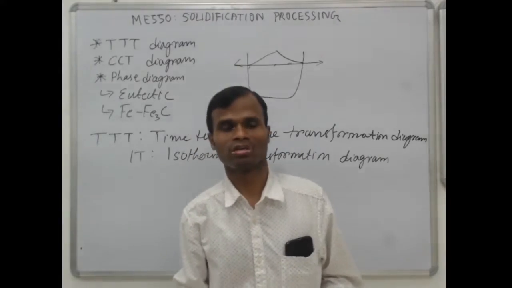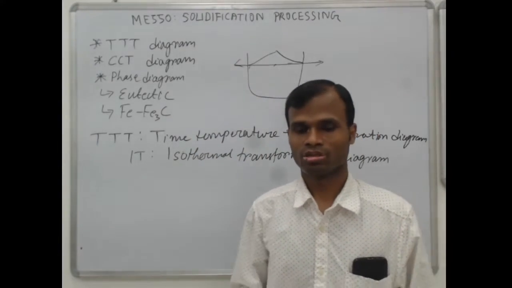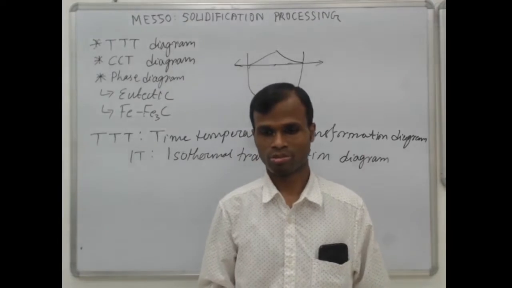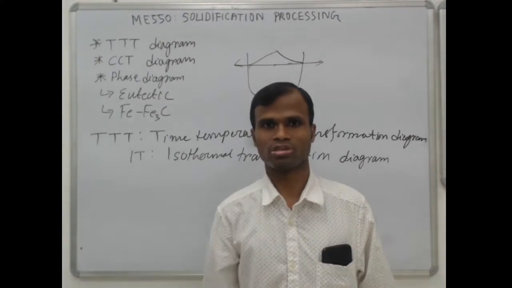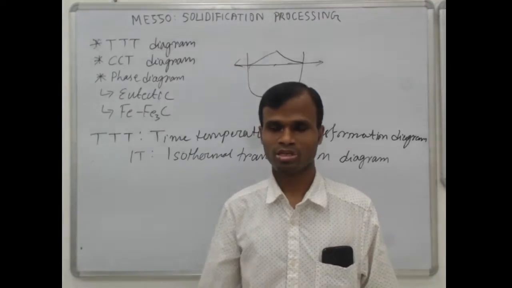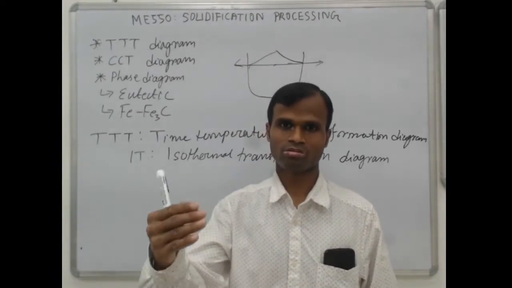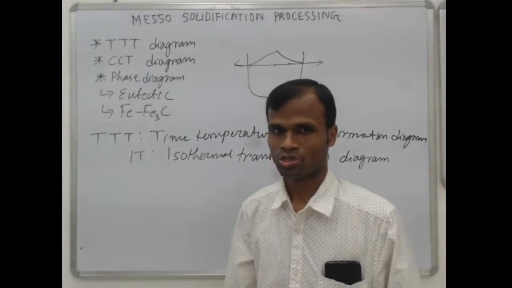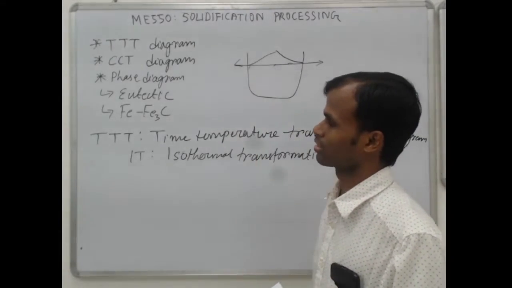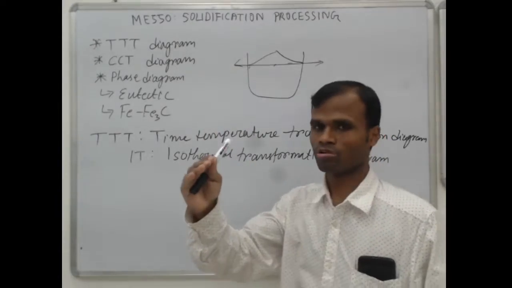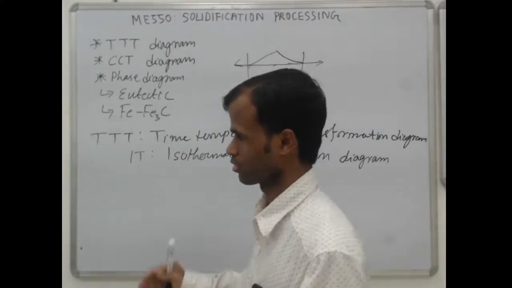So isothermal transformation is never possible, because while cooling it is very difficult to control temperature, to control uniform temperature and to achieve an isothermal transformation. So generally in those cases the CCT diagram is very useful, because the cooling is continuous, it is not isothermal.